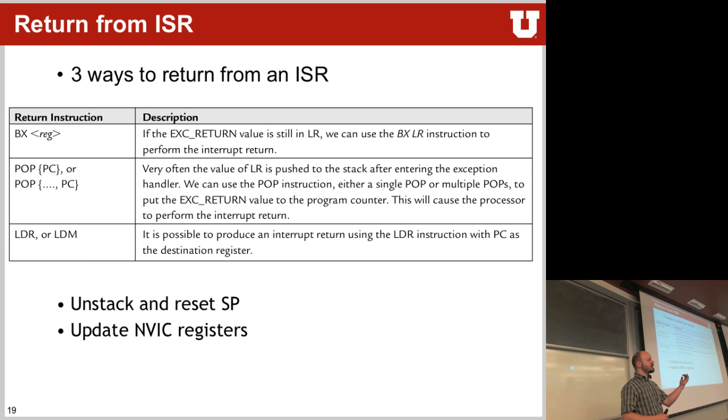Because it stored the PC onto the stack, and now it will put it back into the PC. Or you can pop the PC, that works too, or you can load that EXC_RETURN value into the PC itself. But the most common one is just BX LR, and you will get out of the interrupt service routine. This is the most common one, but there are other possibilities.